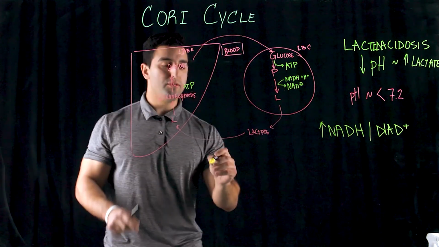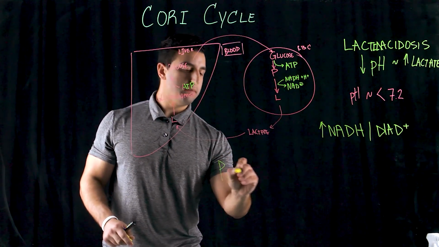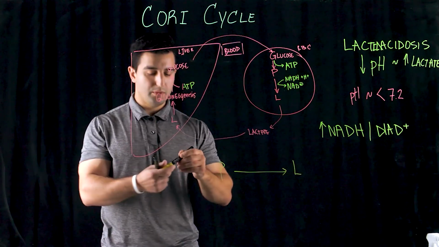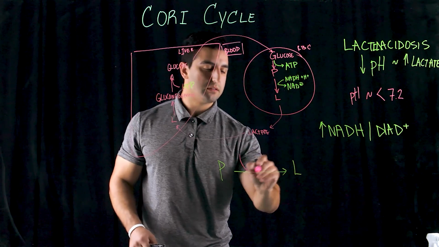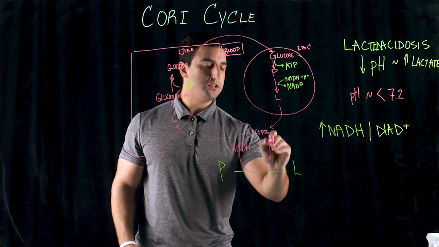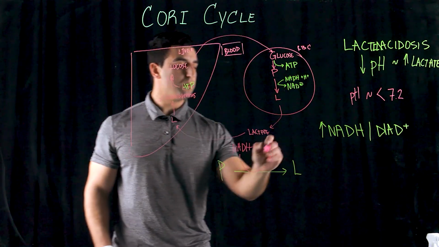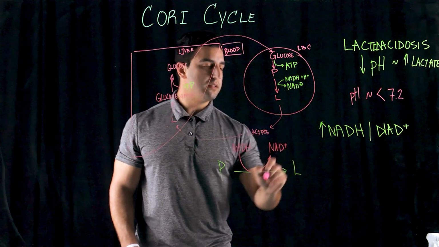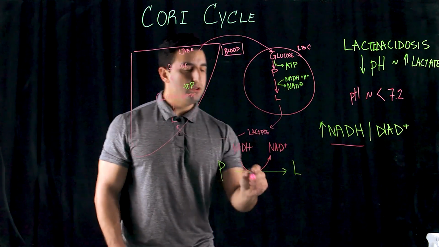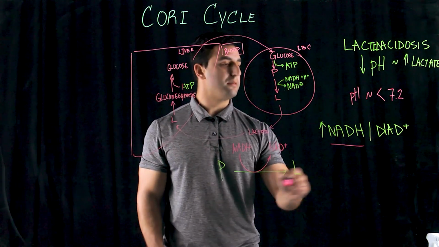And if you remember before, we talked about pyruvate being converted into lactic acid with the help of these molecules. So NADH reduces the pyruvate and becomes NAD positive. With high levels of NADH, you have constant lactate production, right?